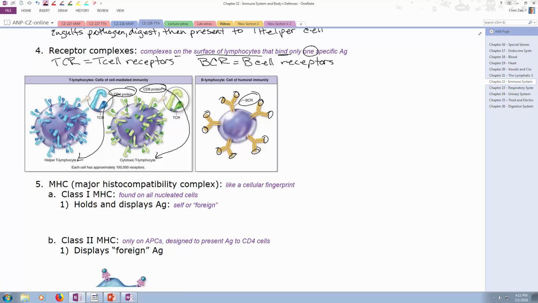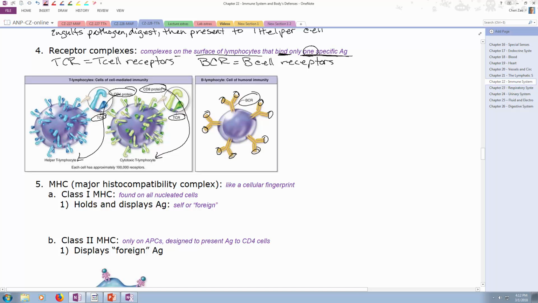If you take a look at the picture, here are the T cell receptors next to the surface protein CD8 or CD4. So that's the T cell receptor. They look like a cone in this cartoon, but I want you to realize they're supposed to look the same. They're just associated with a different cell and a different color. And they will bind a very specific antigen, just like up above, in that little cone.